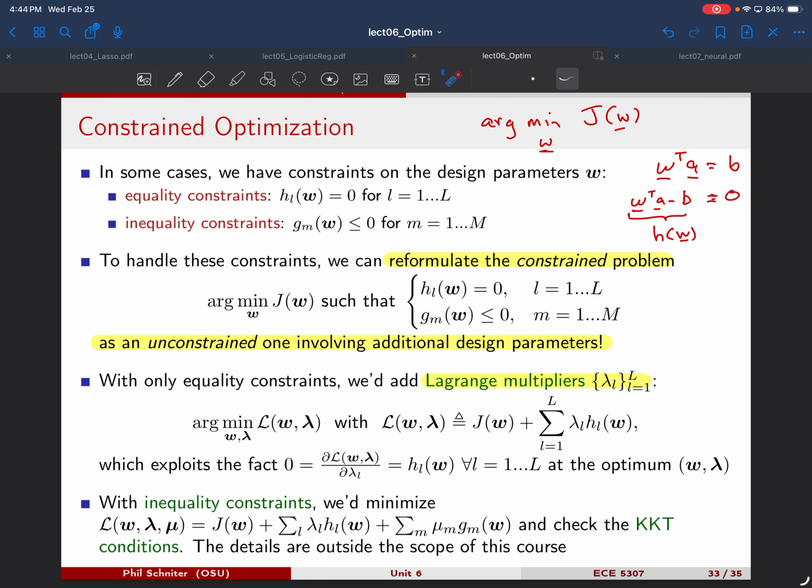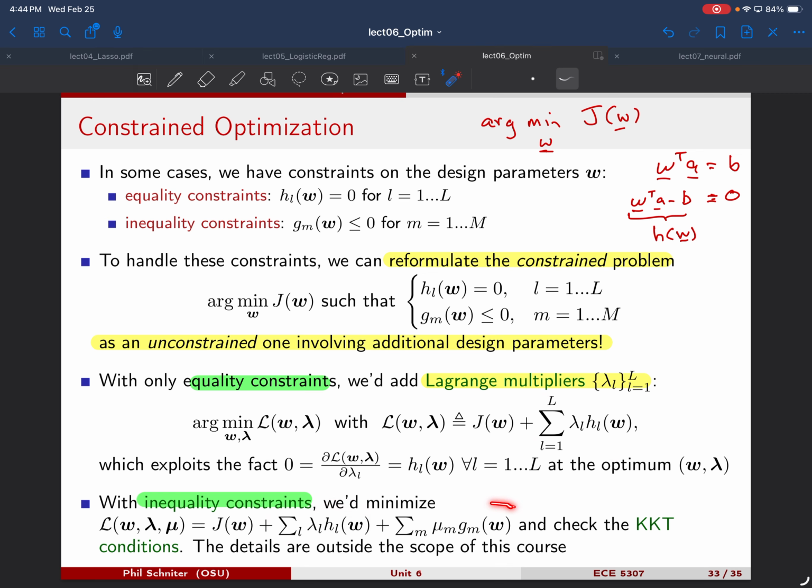I'm pretty sure we're going to see this in the unit after the next one. Now, this is for equality constraints. If you have inequality constraints, the idea is similar, but just a little bit more complicated. Here is how we're handling our equality constraints, identical to before.